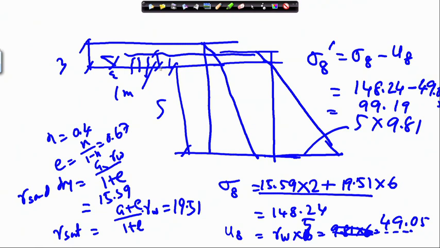So, this is the point to be remembered here, though it is mentioned that because of the capillary rise, the 1 meter above the water table soil got saturated. So, we are taking the saturated unit weight only, but the water table location is not changing. In fact, pore pressure becomes negative in those portions.